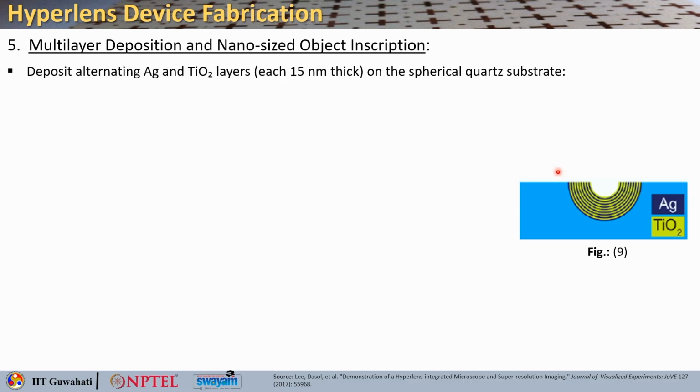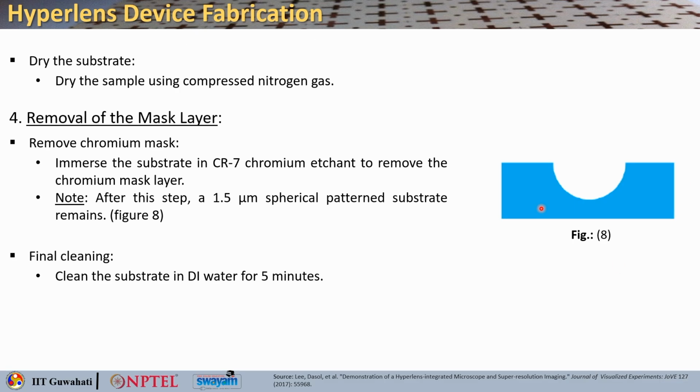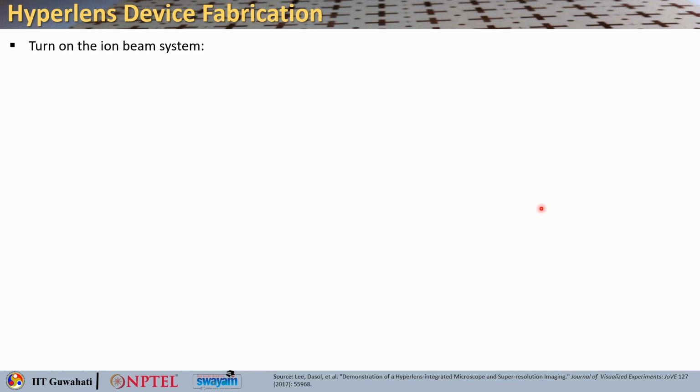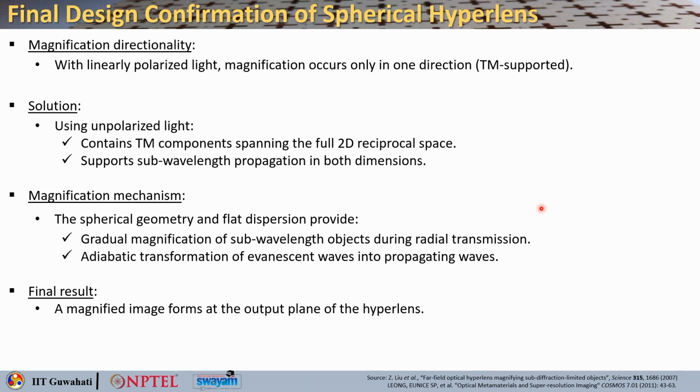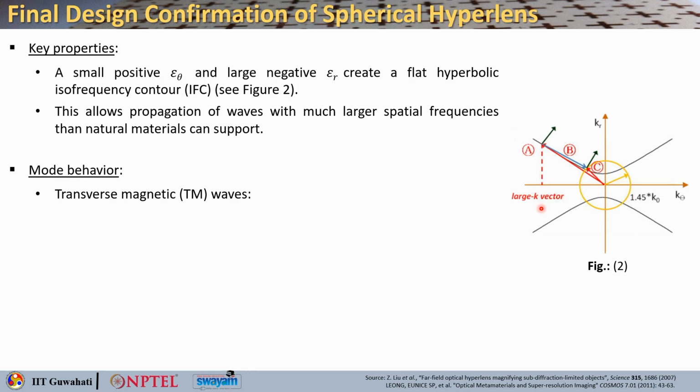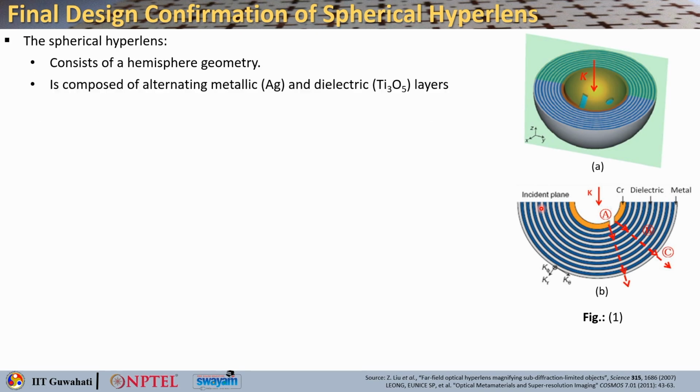In this process you will deposit alternating layers of silver and TiO2. In this case we are considering each to be of the same thickness, 15 nanometer, on the spherical quartz substrate. And this is also the reason why in the initial slides the volume fraction was not mentioned and it was taken as half.